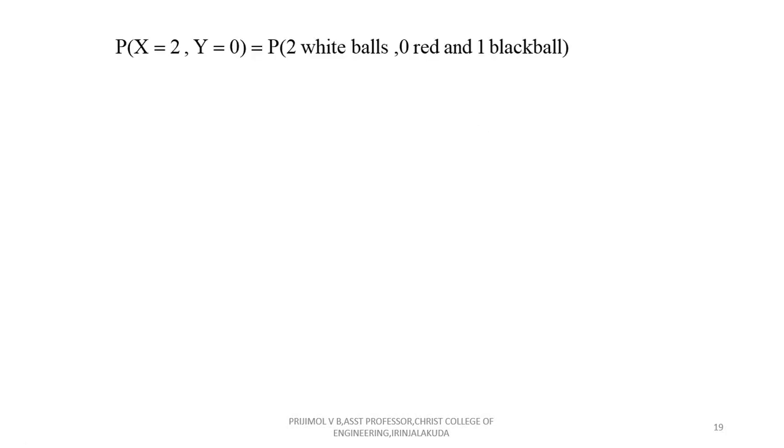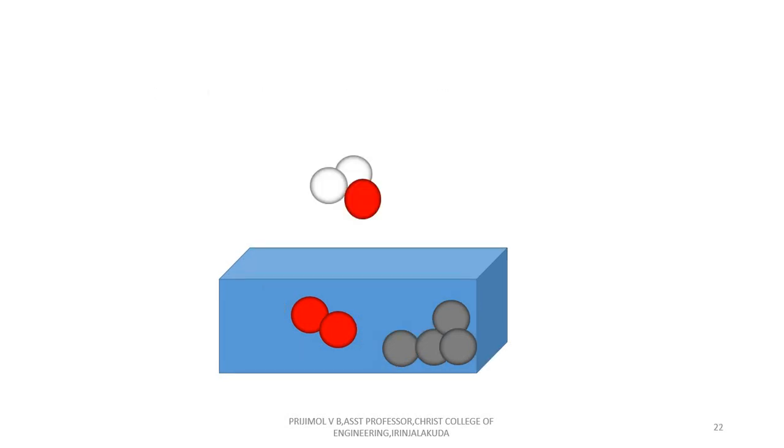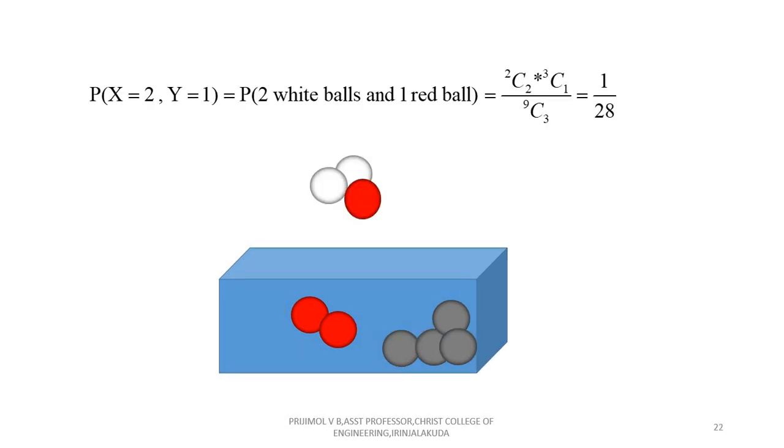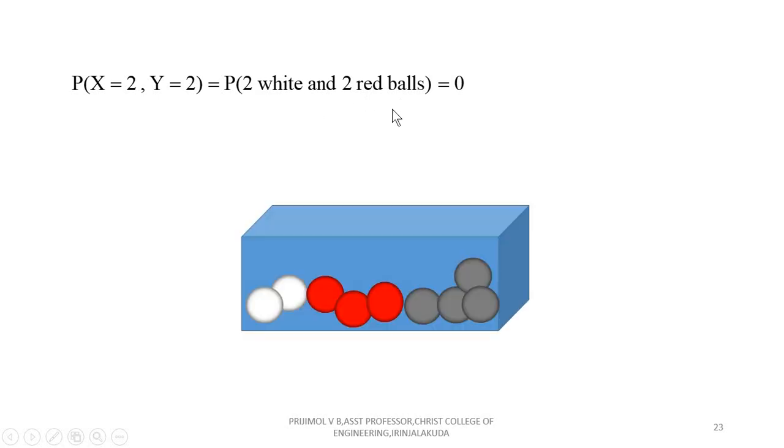Now next we will take x equal to 2 and y equal to 0. Next x equal to 2 and y equal to 1. From this take 2 white balls and 1 red ball. Now next x equal to 2 and y equal to 2, and here also the probability will be 0 because here we are taking 4 balls, but we have taken only 3 balls from this box.